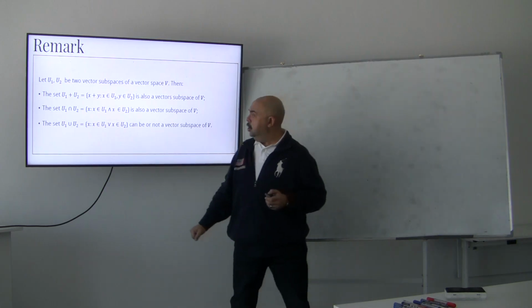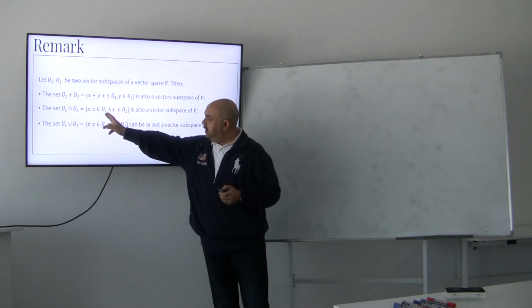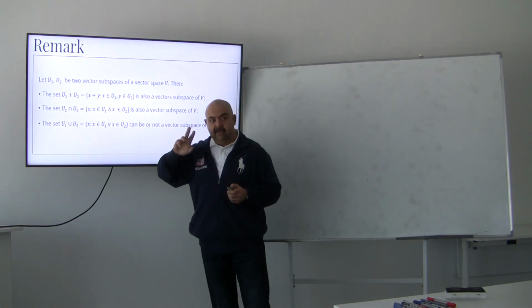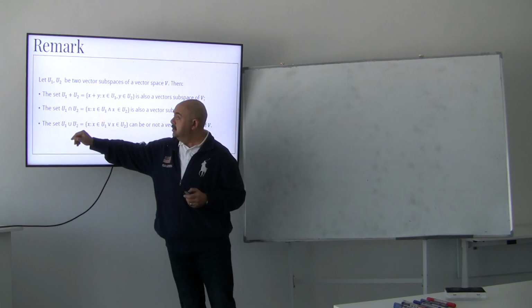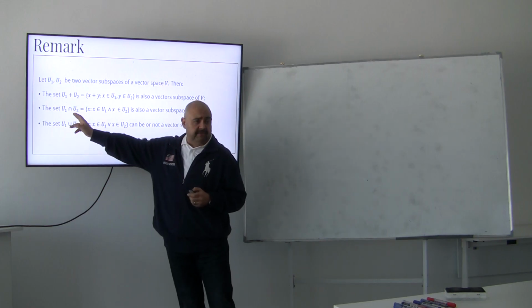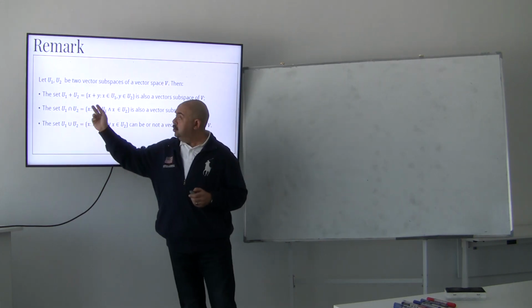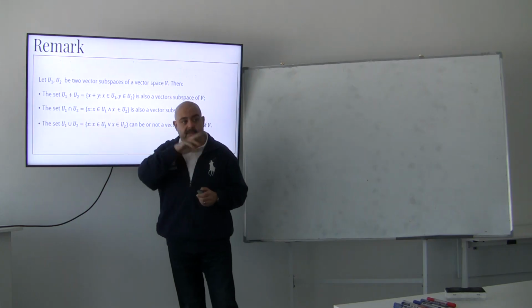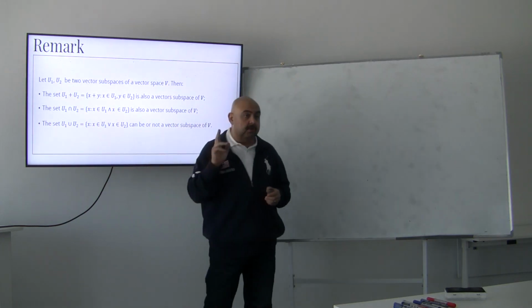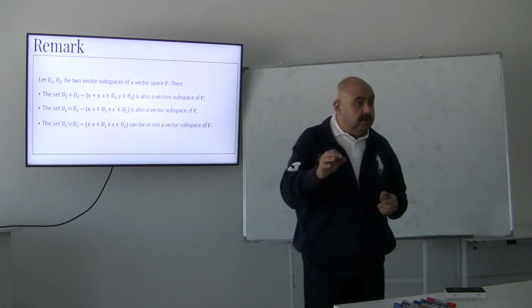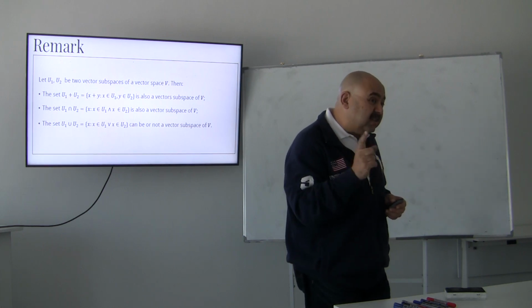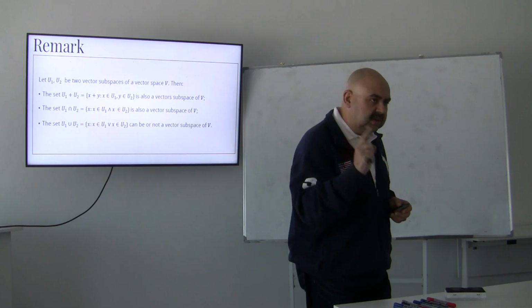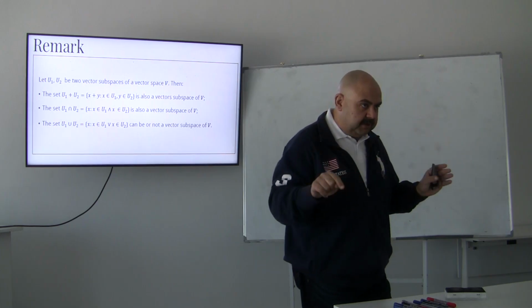The intersection means that you are getting the shared vectors that exist in these two subvector spaces. And since each one of them is a subvector space from the general vector space, each one of them contains the origin, so the intersection will lead to a set of vectors which is also a subvector space of the vector space.